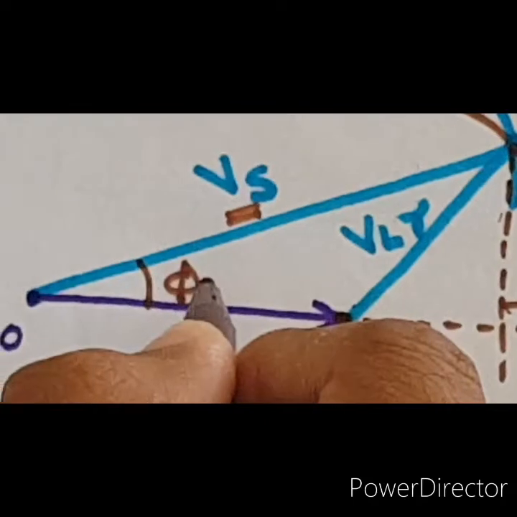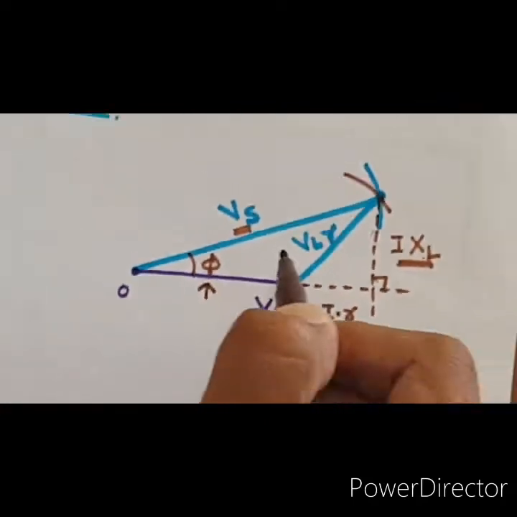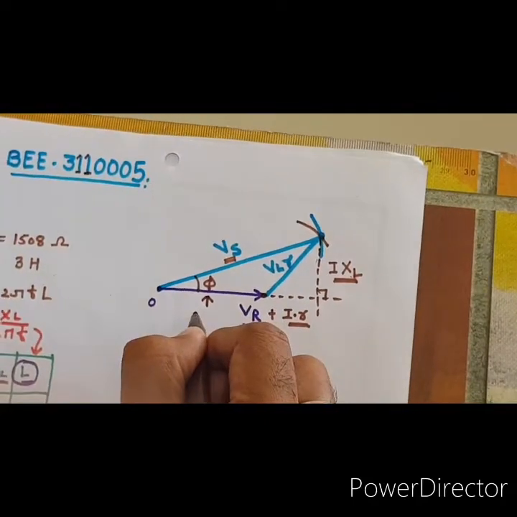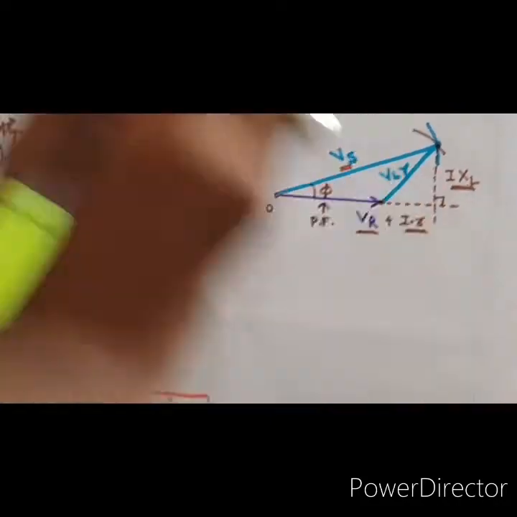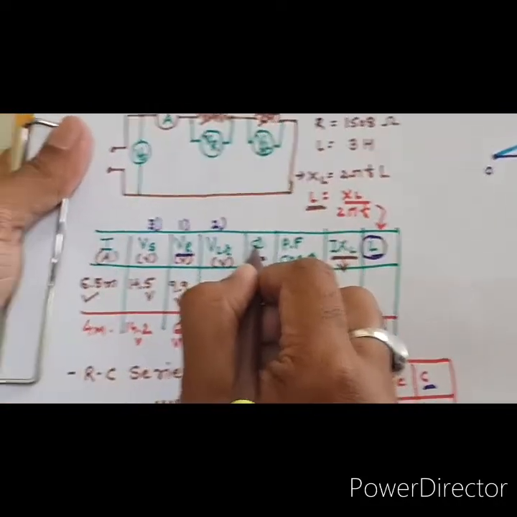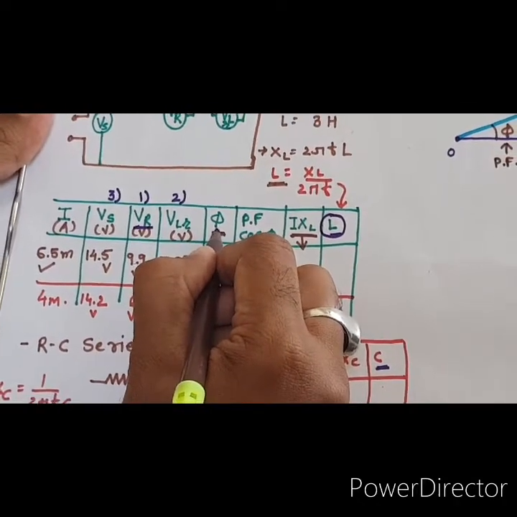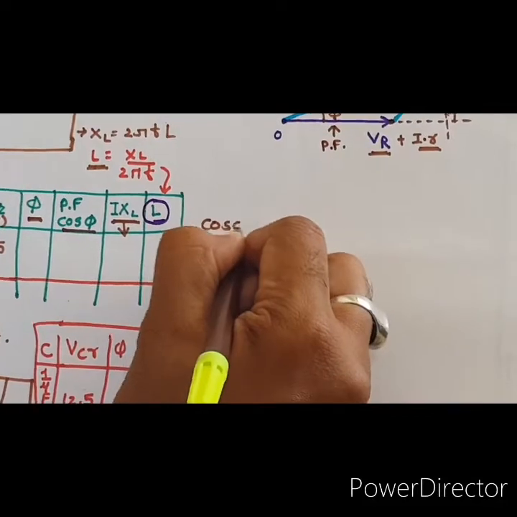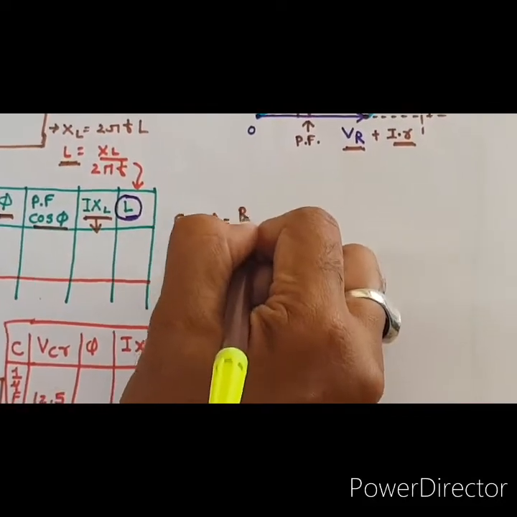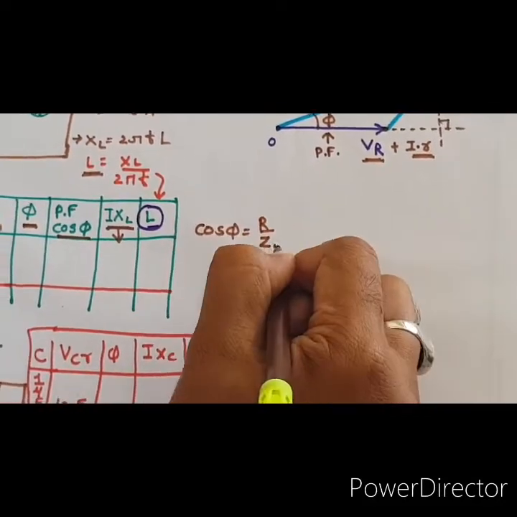This angle gives you the graphical value of power factor cos phi, and we can also find phi by the primary method, cos phi equals R by Z.